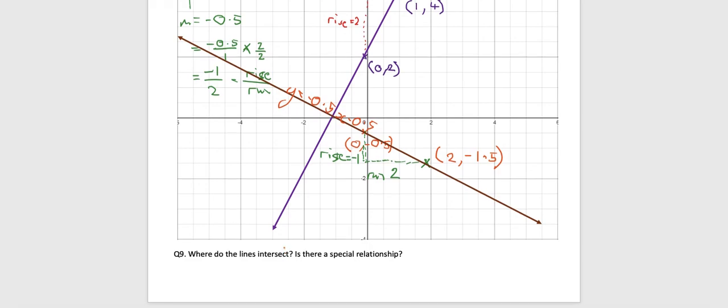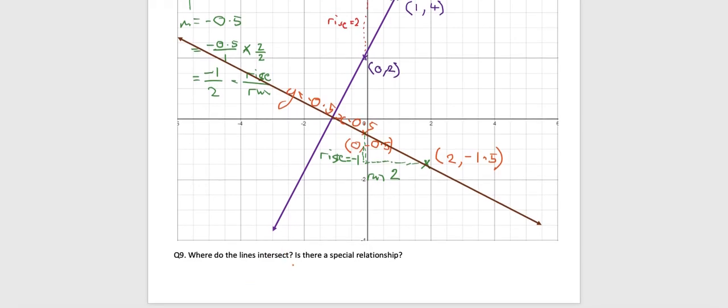Now the final part of the question is, where do the lines intersect? Is there a special relationship? Notice that the lines do in fact intersect each other, intersect being the point at which they cross, and it occurs right there. To get that value, we can see that they intersect at the x and the y.